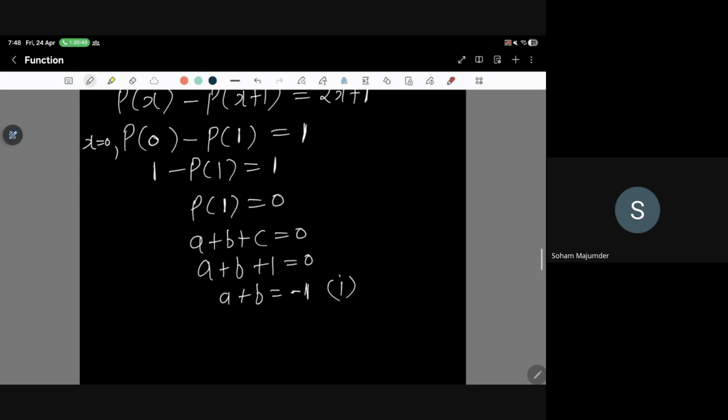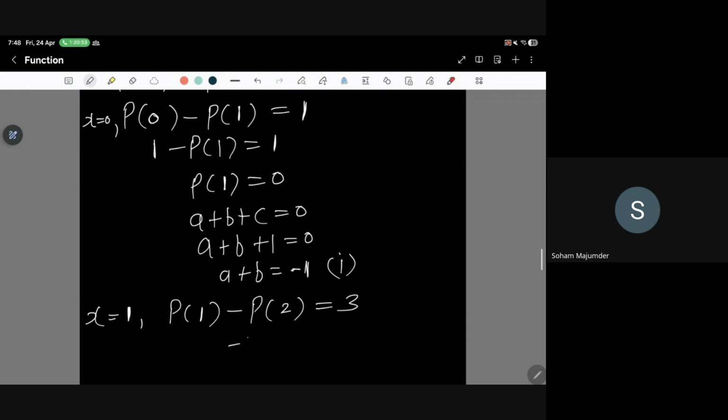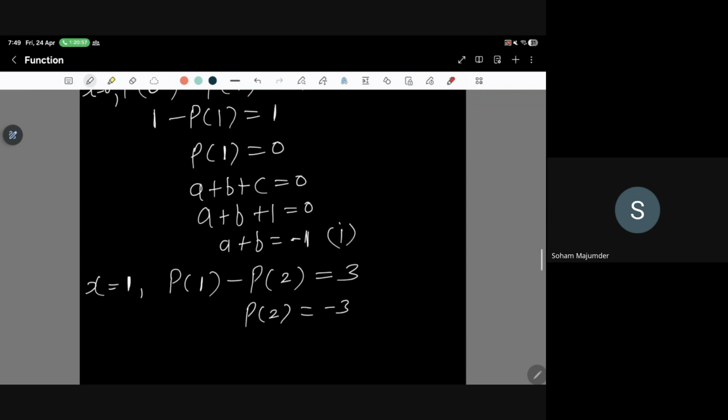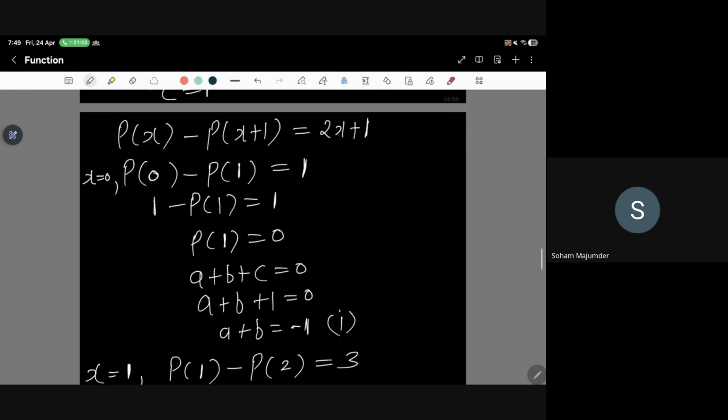In the same way, when I substitute x equal to 1, my functional equation will become p of 1 minus p of 2 equals 3. So p of 1 is 0, so p of 2 comes out to be minus 3. So p of 2 means 4a plus 2b plus c. C is 1.